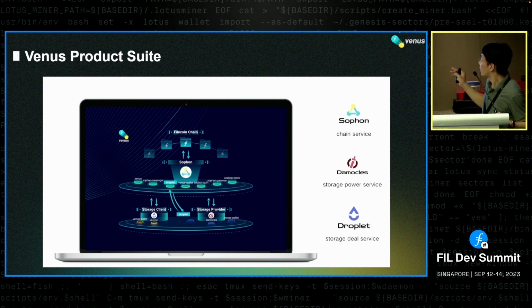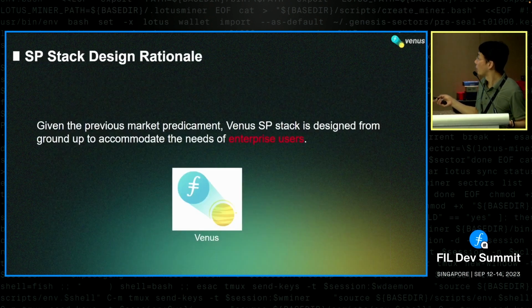The second layer is about dynamicless. This one is especially for ZK, for storage proving. And the third is droplet. Droplet is for the storage deal service. Let me go through them one by one.